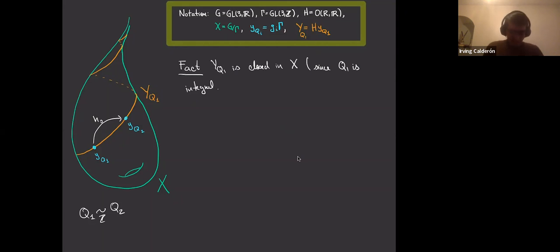So now, if we have an h that moves Q1 to Q2 as in the picture, then G2 inverse h G1 is in gamma.